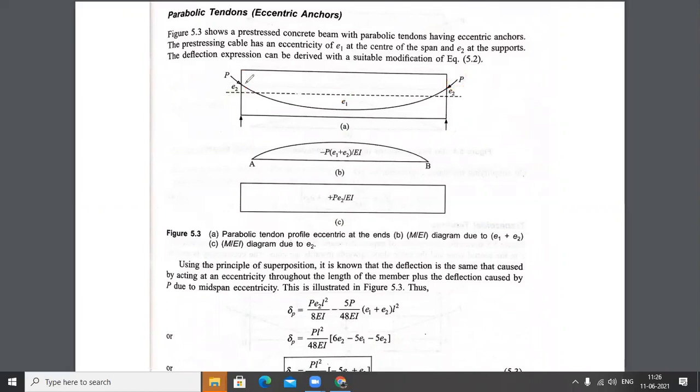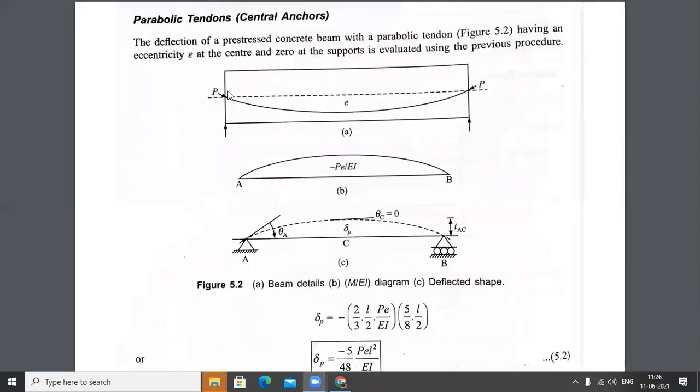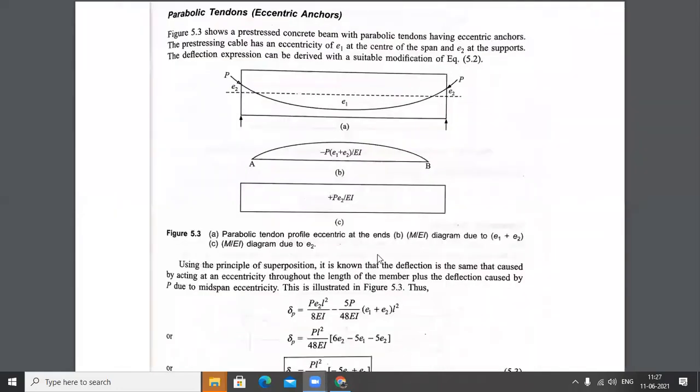One is at the supports, E2, and the other one is E1. But in the previous cases, there is no eccentricity at the supports. The applied prestressing force cable and the cross section of the beam both lie at the same point. But here it is not so. Here some eccentricity, E2, is there.